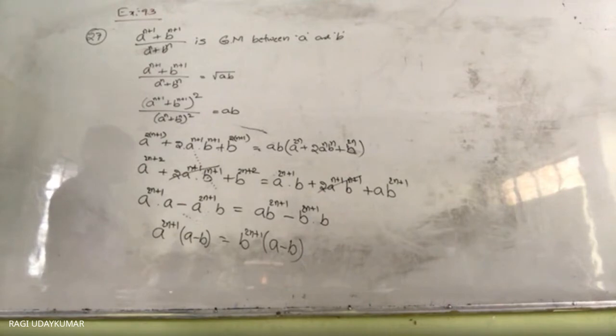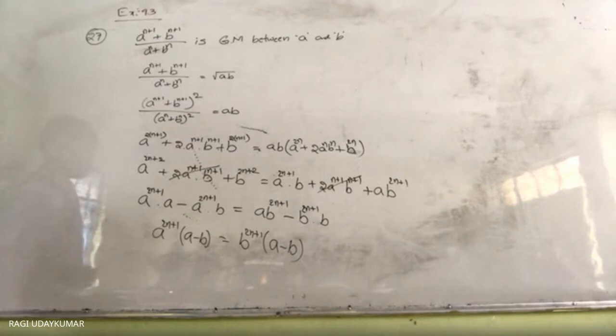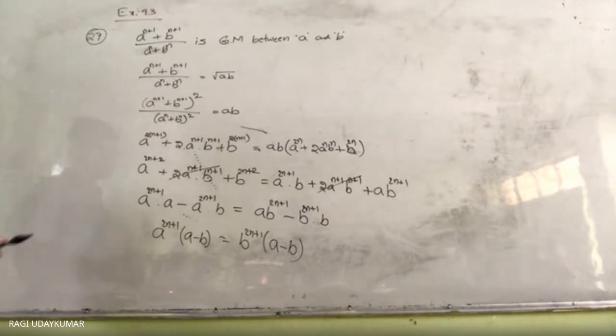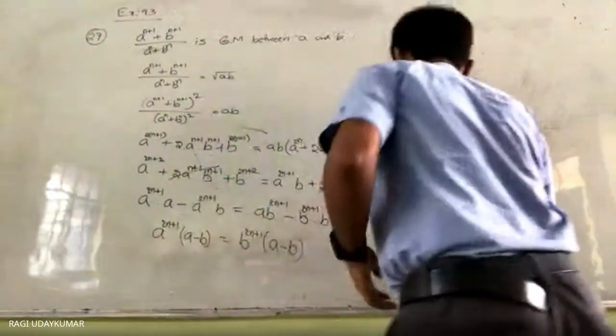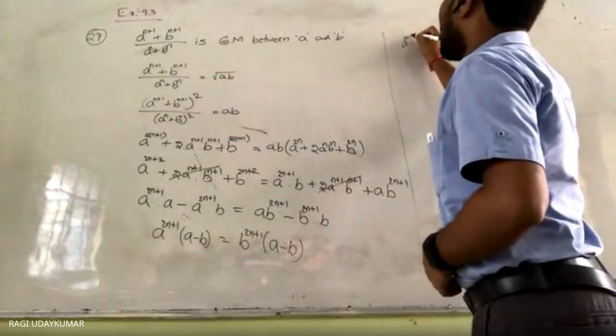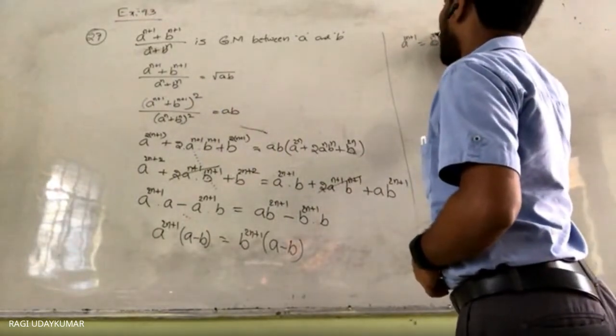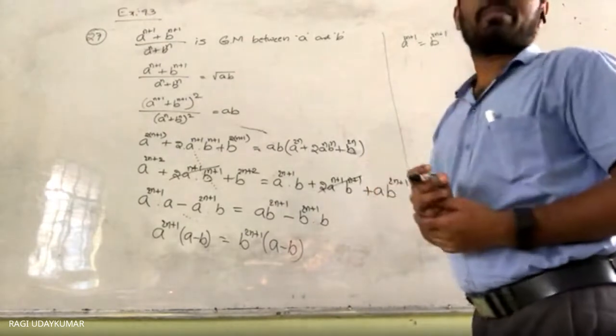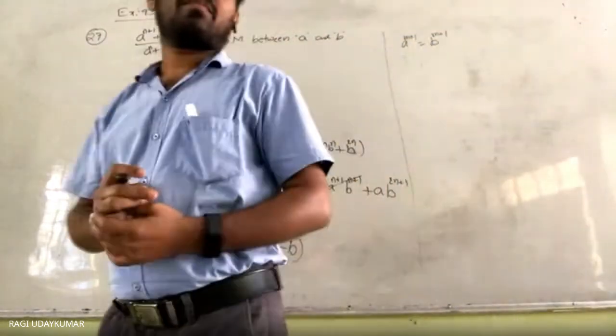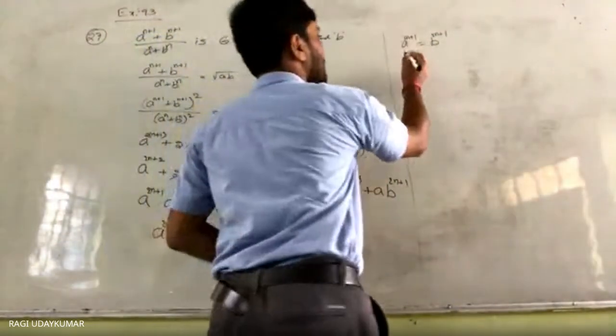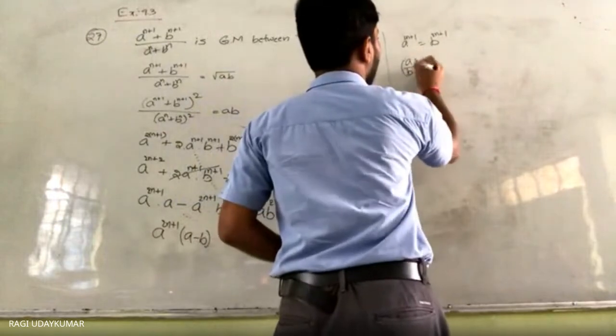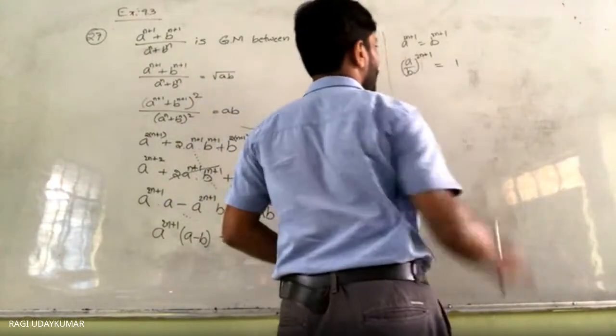We can cancel because a and b are not equal. So what are we going to get here? a^(2n+1) is equal to b^(2n+1). Bring b down: (a/b)^(2n+1) is equal to 1.